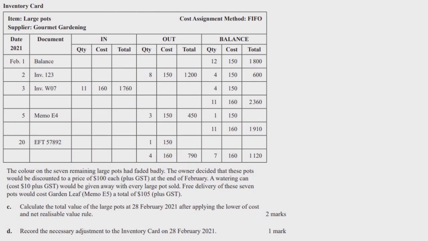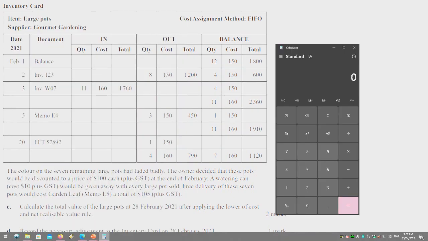Next. Recording the necessary adjustments in the inventory card. So we know that they used to be 160 and now they're worth $75 each. So, what's the difference between 160 and 75? Well, let me get a calculator for you. Don't know why I didn't use this earlier. 160 take away 75 gives us $85.